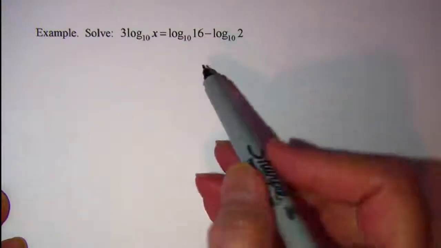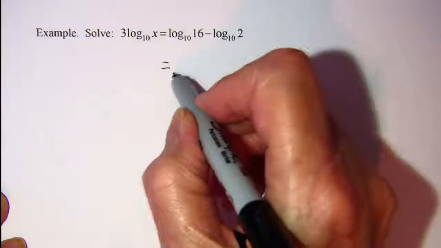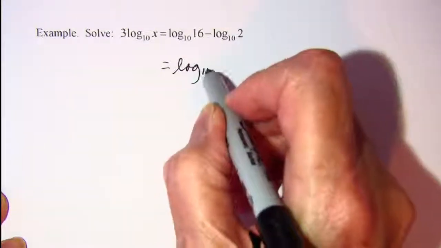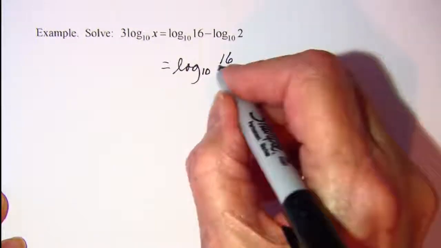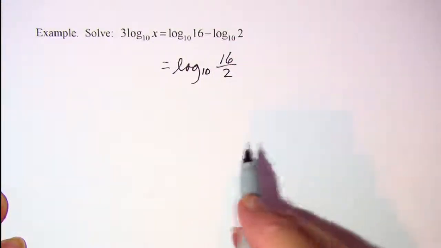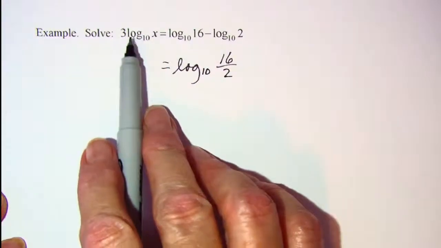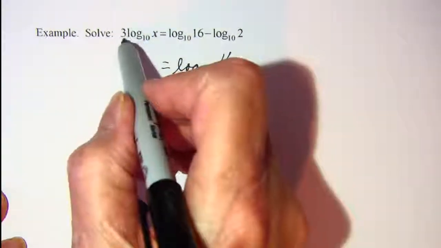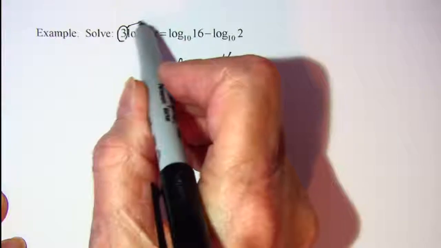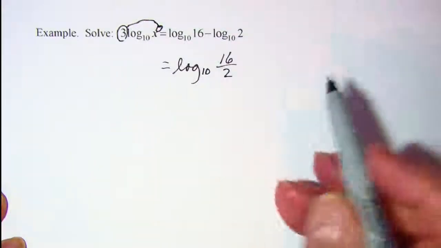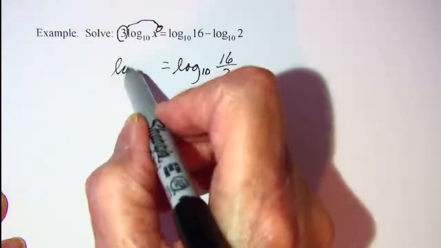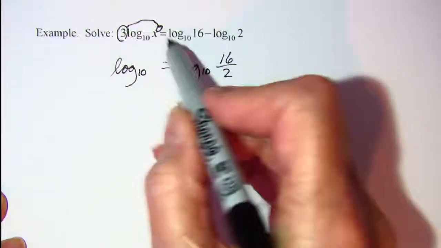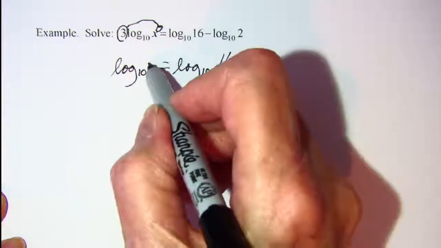So this right side simplifies to the log base 10 of 16 divided by 2. We can also simplify the left side by taking this coefficient up as an exponent on the argument. So this left side is the same as the log base 10 of x to the third power.